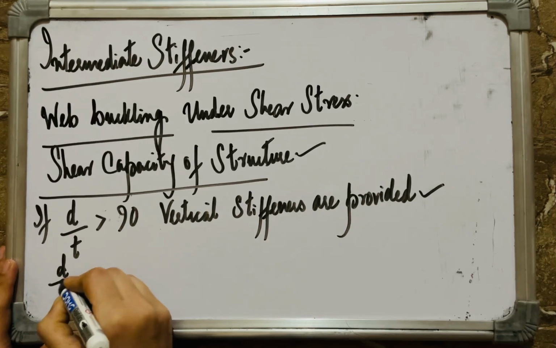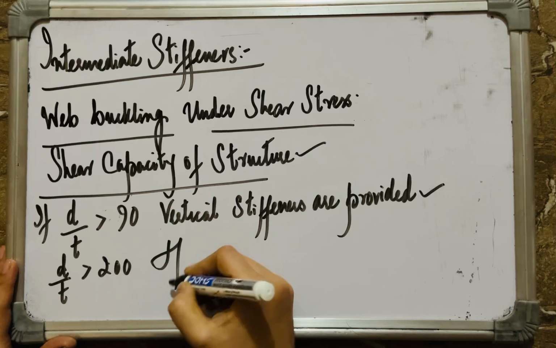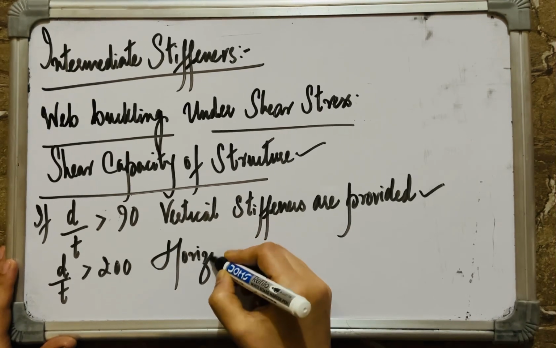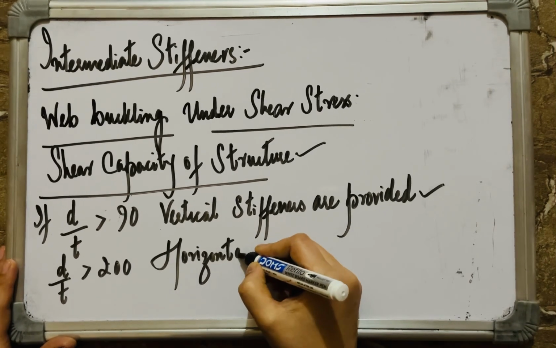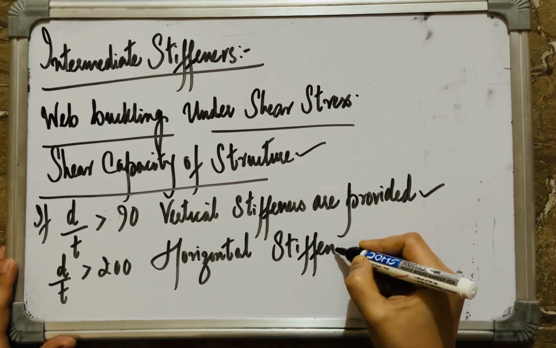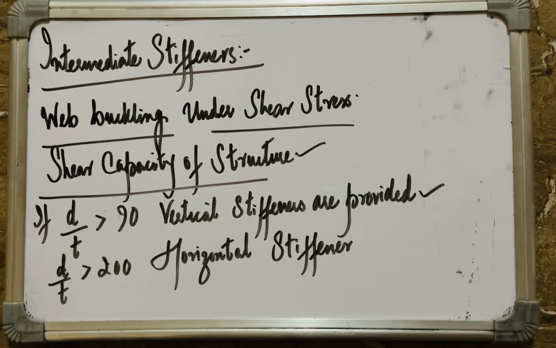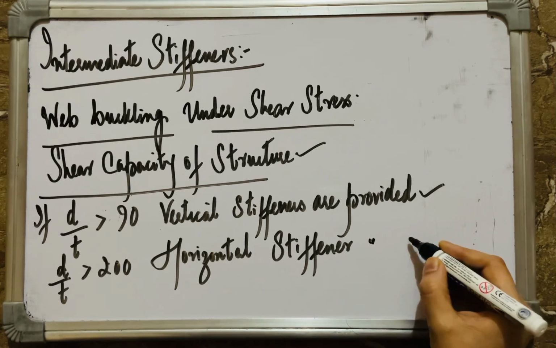If the same D by T ratio is greater than 200, horizontal stiffeners are provided. We have to see what type of intermediate stiffener we have to provide in our steel truss bridge, and that will be dependent on our ratio of D by T. If it's greater than 90, vertical stiffeners are provided. If it's greater than 200, horizontal stiffeners are to be provided.